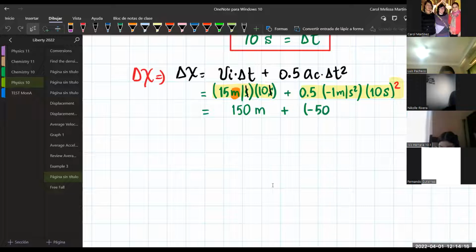Here, the cancellation of units. Seconds squared is going to be cancelled out with seconds squared from the other parentheses. So it's going to give me meters. -50 meters. So here, you have plus and minus. What do we do here?